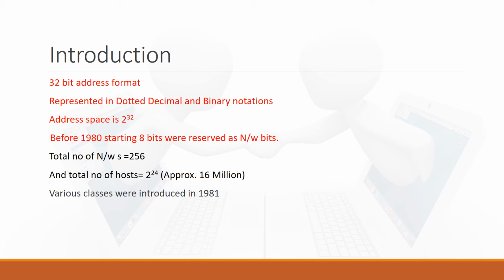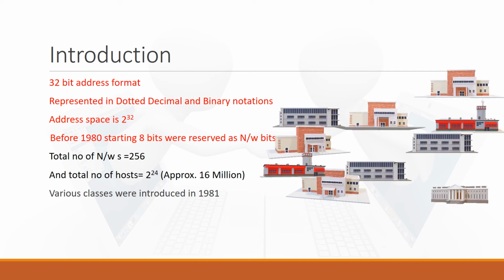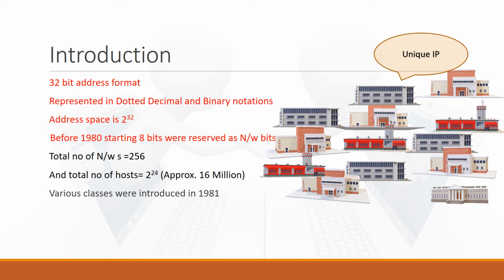But after the 1980s, the needs changed. Various organizations evolved and all wanted their unique IP, but they were not able to consume this amount of host addresses. So, due to changed demands, IP was divided into various classes with various network sizes. Here, network size specifies the total number of hosts which can be connected in the network.